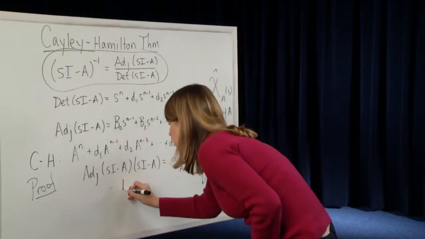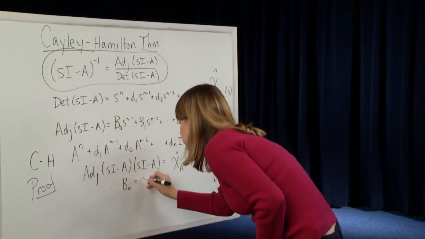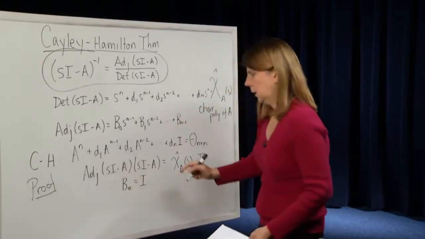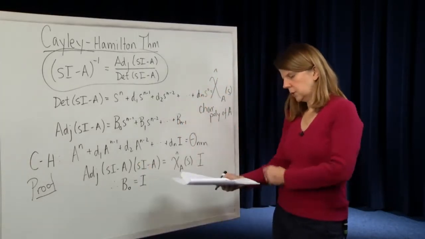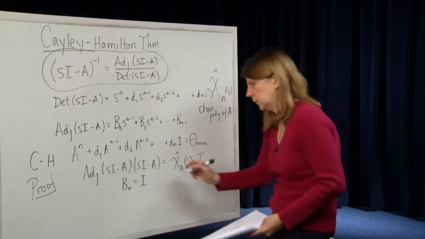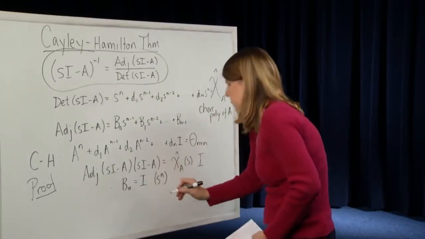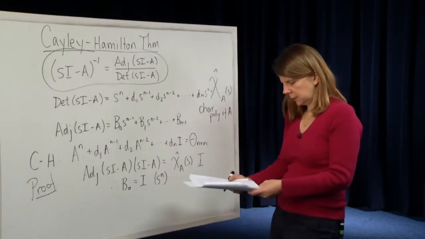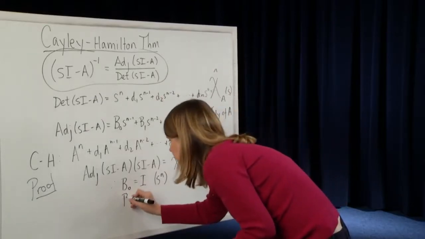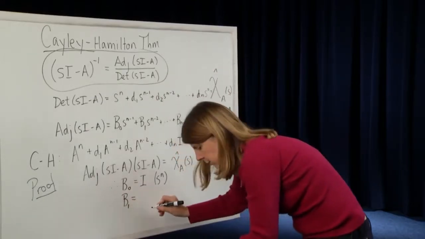So you get that B0 is equal to the identity. And then keep performing that multiplication. We're not going to do it here, so you can do it on your own. So that's equating the term of s to the n. If you do that and multiply it out, you find the following.